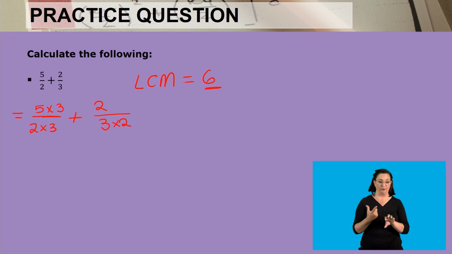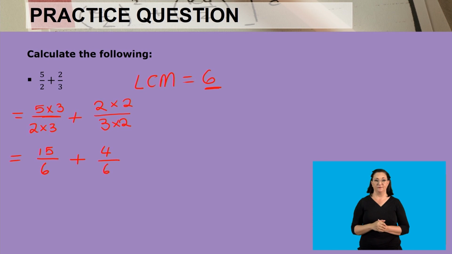What I do with the denominator, so that we don't change the value of the common fraction, we need to go and do exactly the same thing with the numerator. This has now changed our common fractions to 15/6, and we are adding 4/6. So when we say change, we've only changed the way it appears, but the value is still the same.